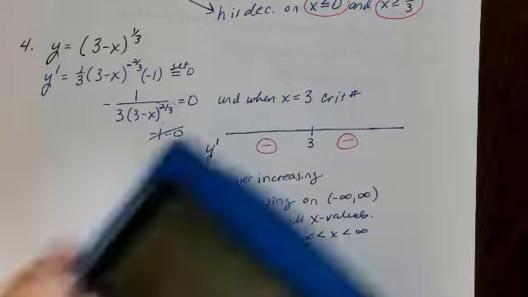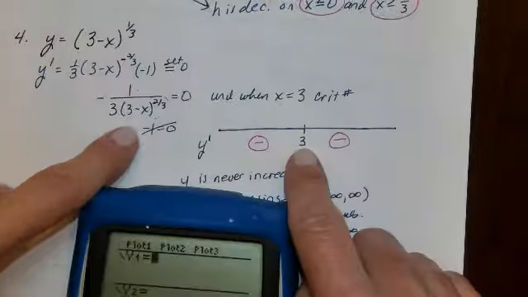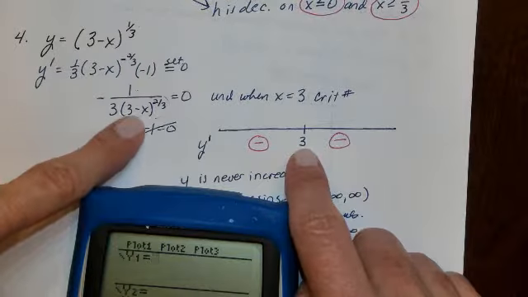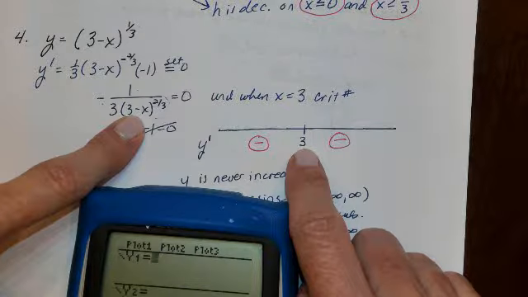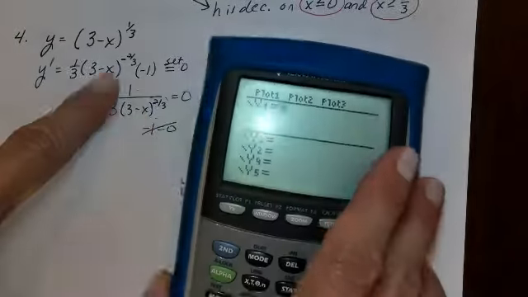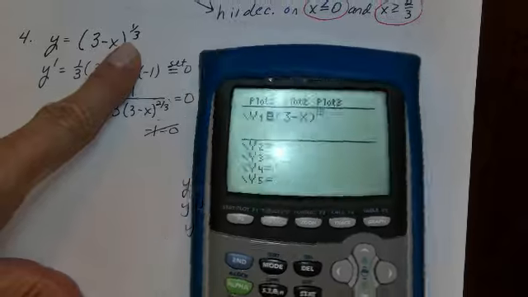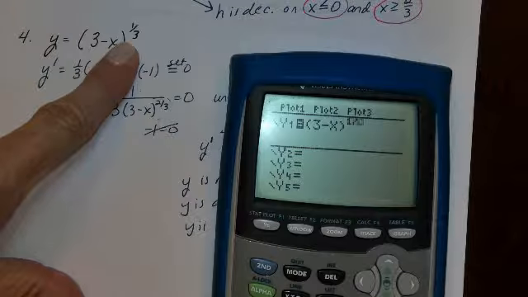So let's pull up, let's see what this looks like. But right at 3, that made it undefined, right? Remember, what does an undefined slope look like? Well, an undefined slope looks vertical, doesn't it? So we should have a vertical slope when x is 3. So if I put this in, 3 minus x to the 1/3, 1 divided by 3, and then I'm just going to go zoom 4.